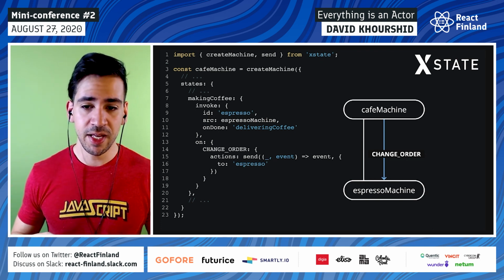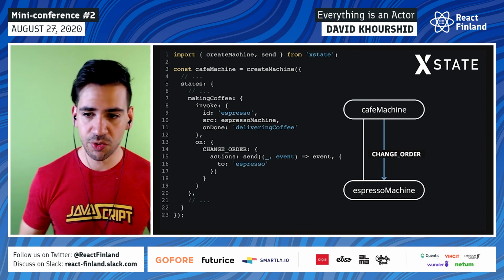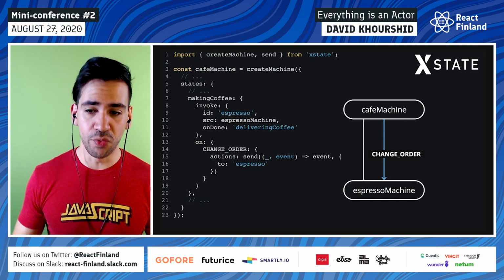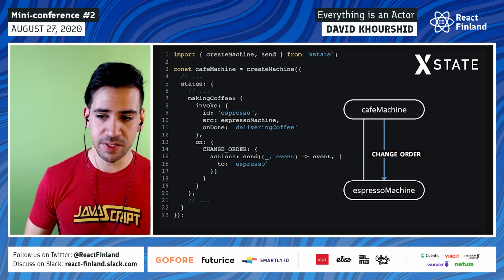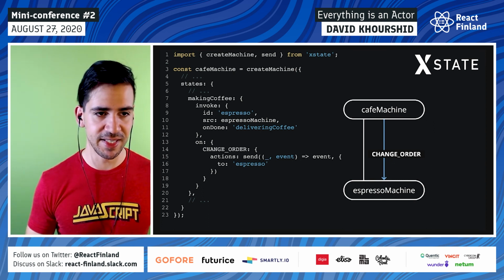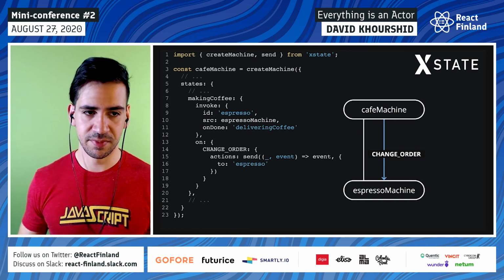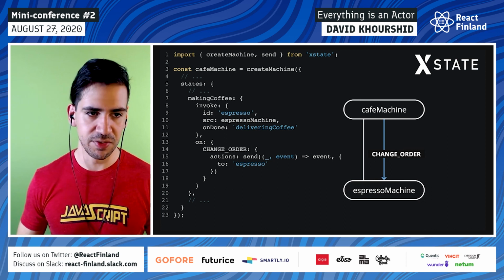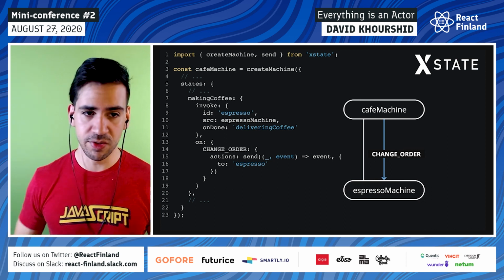For example, if the cafe machine gets a change order event, it can send that event, or pretty much any other event, directly to the invoked espresso actor, referencing it by its ID in the machine. And so internally, XState keeps a reference to all of those actors, and it matches those IDs with those references.